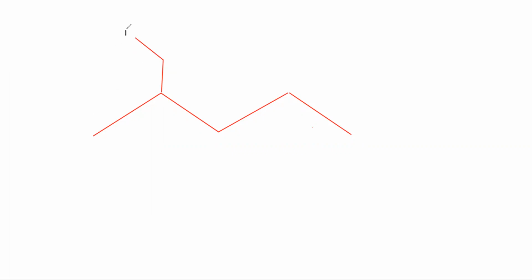First mark the ends, like A, B and C, and count from one end to another. When I count from A to B, how many carbons are there? 1, 2, 3, 4. A to B or B to A does not make a difference. But when I count from A to C, 1, 2, 3, 4, 5, 6.